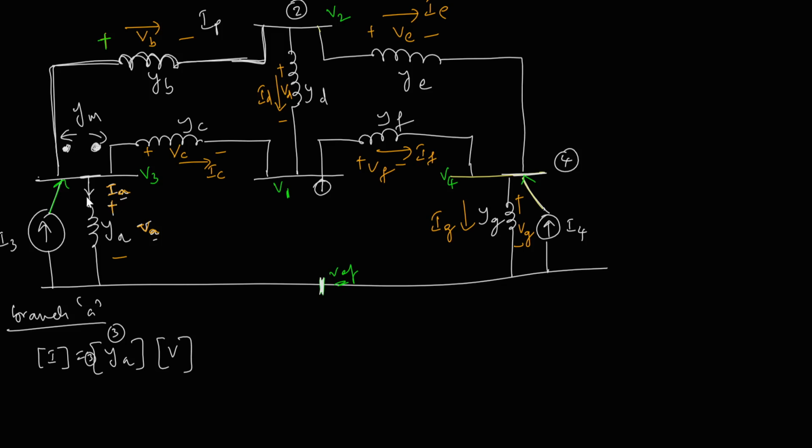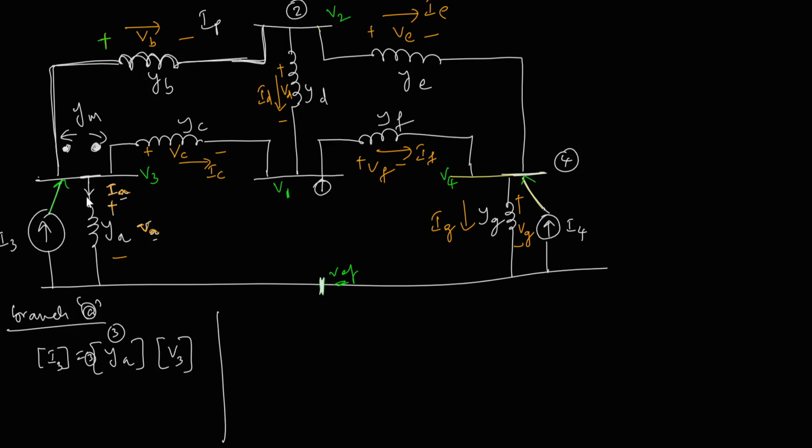So this is the building block for branch A. Let us write I3, V3, to be more appropriate.